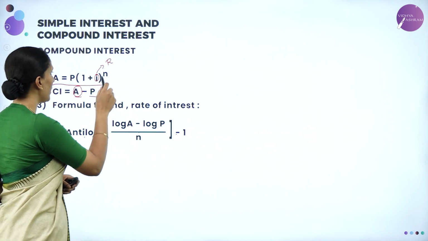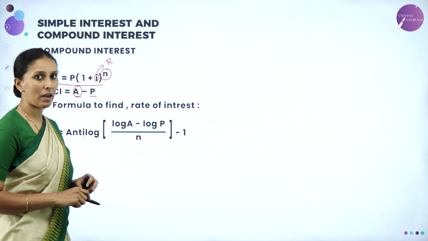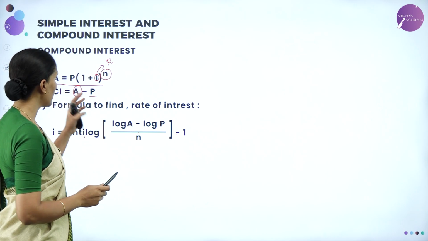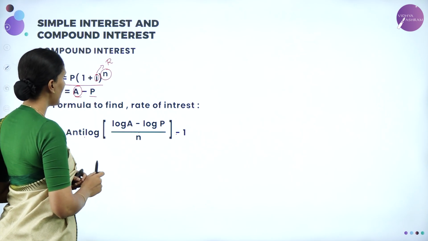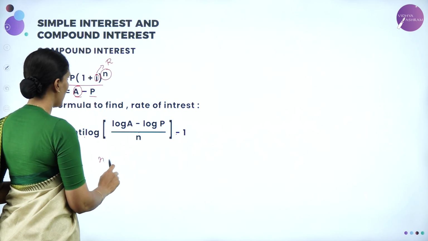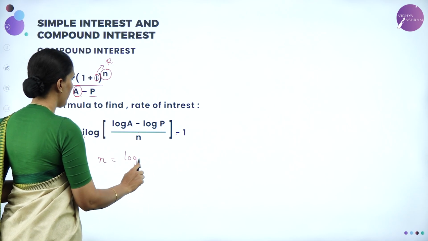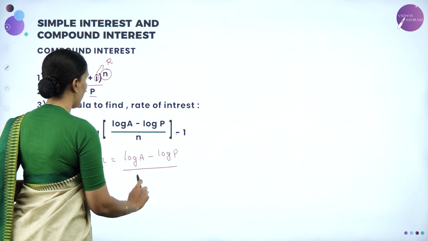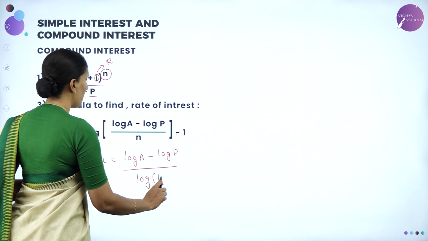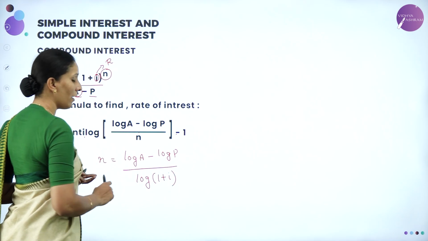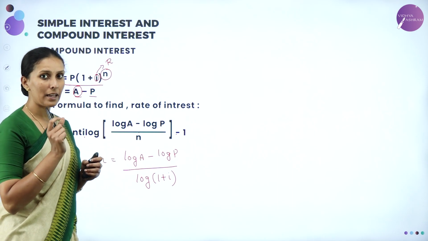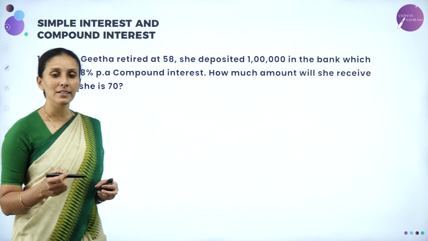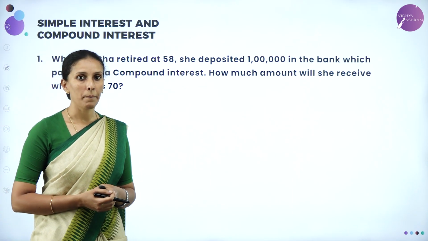Here the time period is not given by T, it is given by N. So N can also be calculated using the same formula, that is, N is equal to (log A minus log P) whole divided by log of (1 plus I). This is the formula we can use to calculate the time period using the compound interest formula. Now let us take the problems related to compound interest.